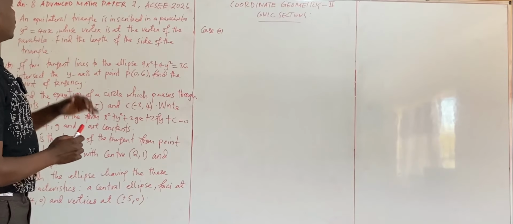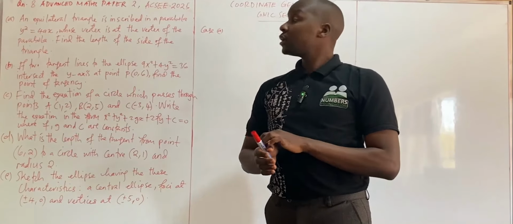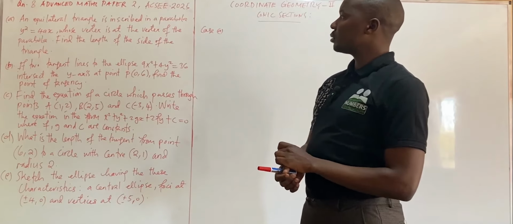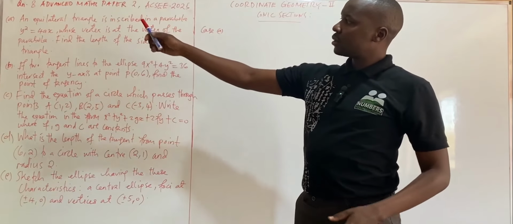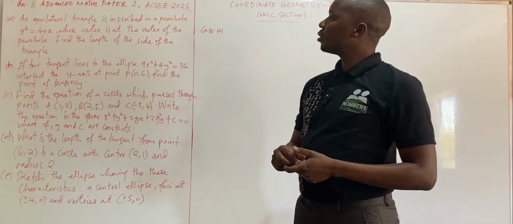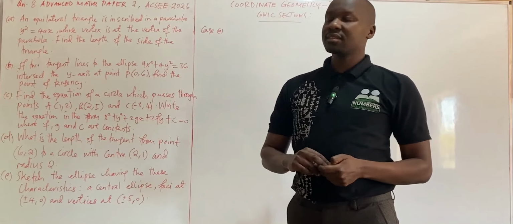As we know, the property of an equilateral triangle is that the lengths of all the sides are equal in magnitude, and all the interior angles are equal in size. It means they are 60, 60, 60 degrees.